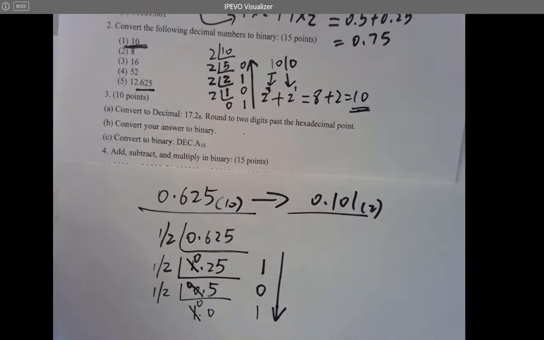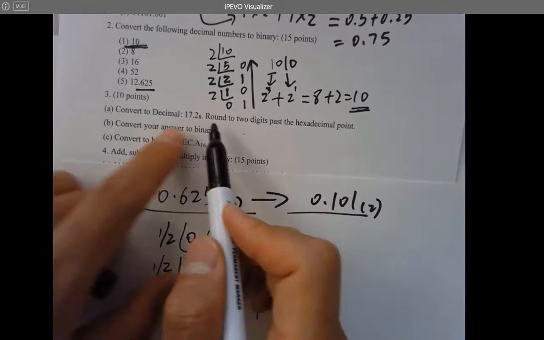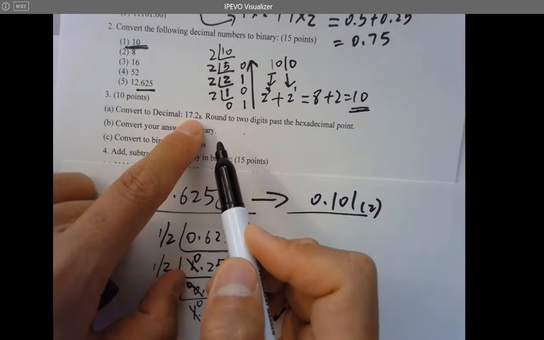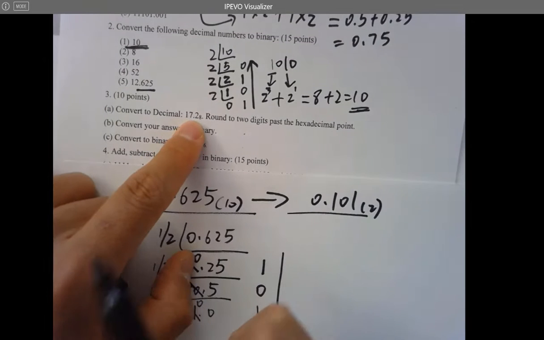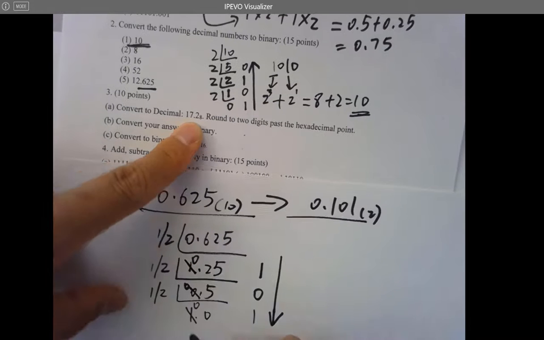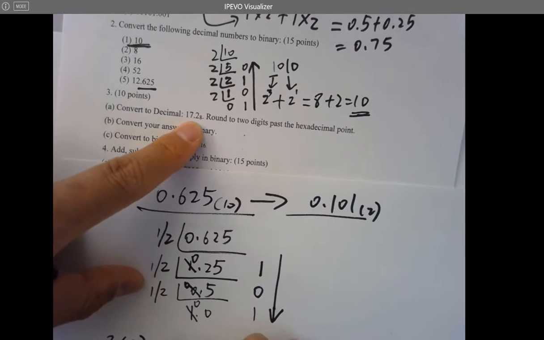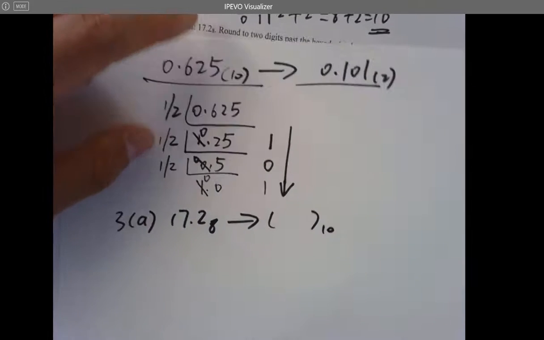This one, convert to decimal. Convert the base 8 number to decimal. So 17.2 in base 8, convert it to base 10, which is a decimal number.